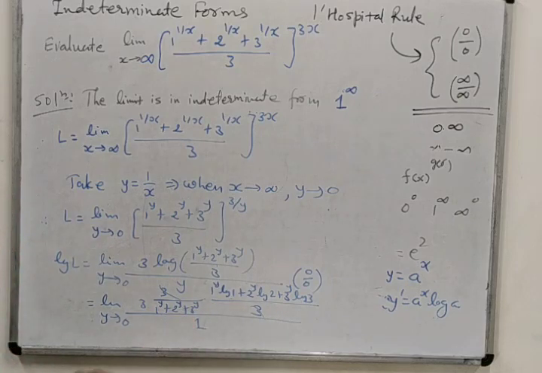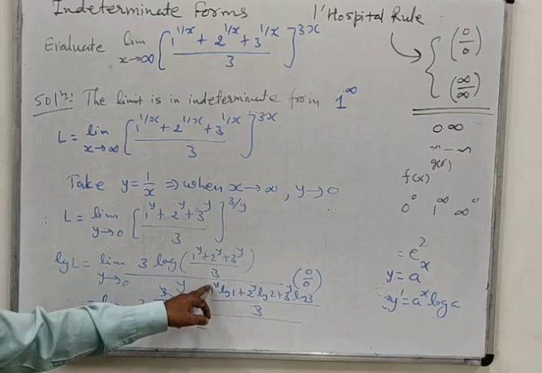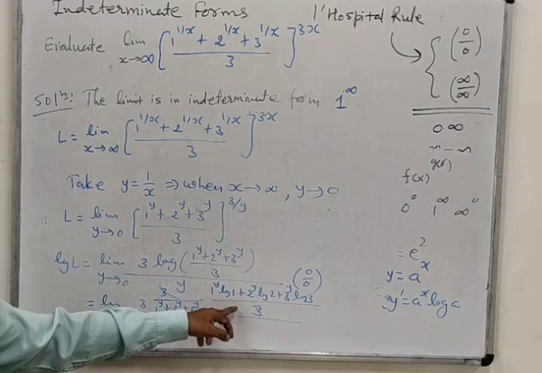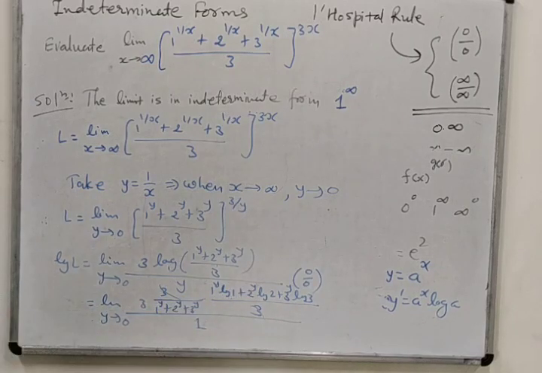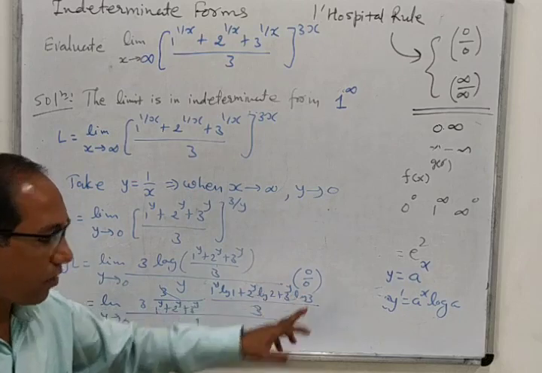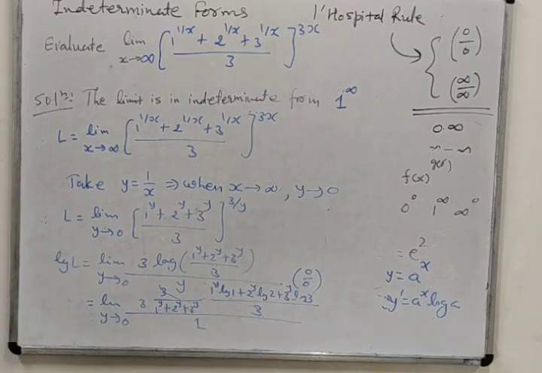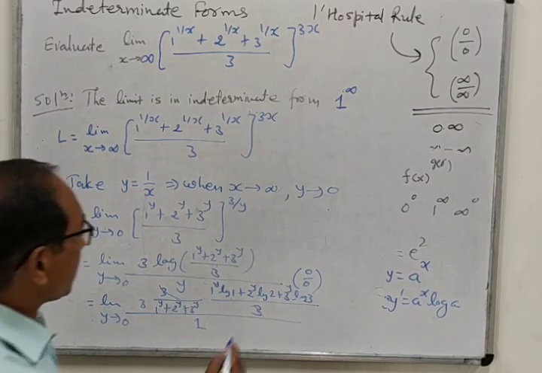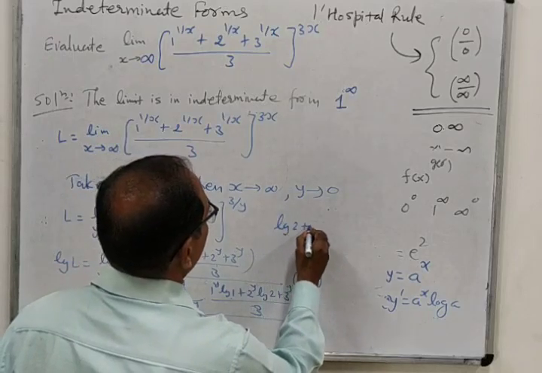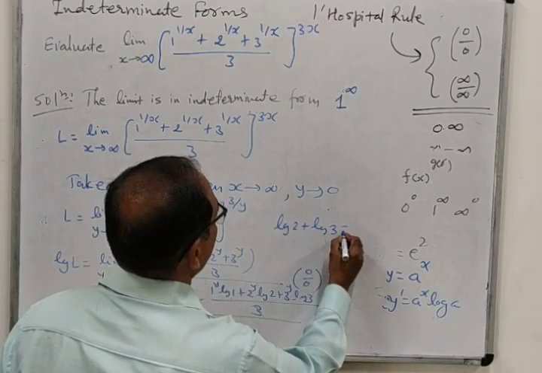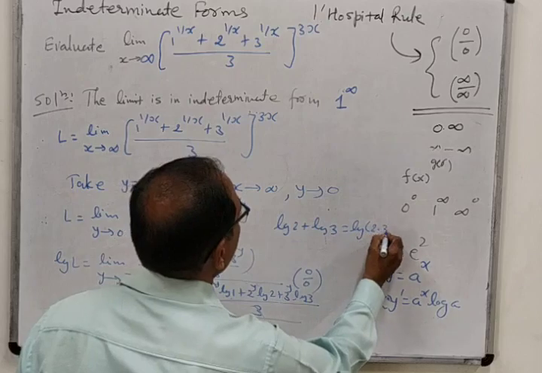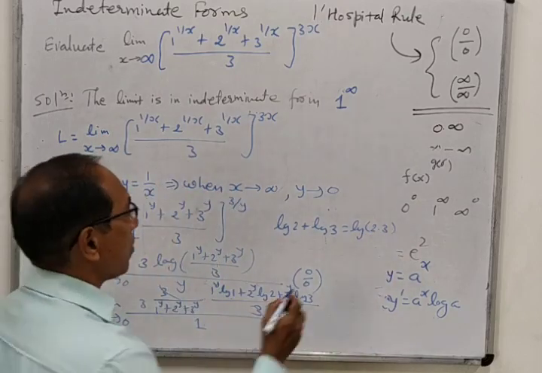So now if you put y equal to 0, then 1 raised to 0 is 1, log of 1 is 0, 2 raised to 0 is 1, so log of 2, 3 raised to 0 is 1, log of 3. So log of 2 plus log of 3 will be log of 2 into 3, because log of x into y is log of x plus log of y.